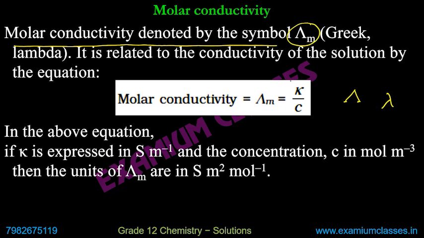It is related to the conductivity of the solution by the equation: molar conductivity is given by kappa by C. And here is a common mistake if you don't pay attention. C is concentration, that's fine, but the unit of C is very different here. C is not in mole per liter, rather it is in mole per cubic meter. Kappa is the same, ohm inverse meter inverse, or Siemens per meter.